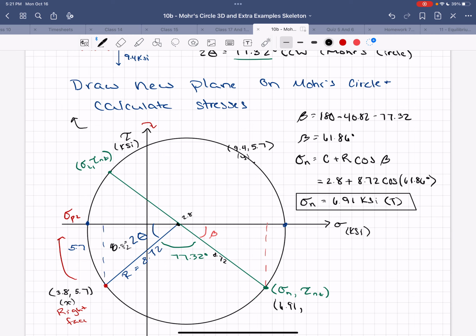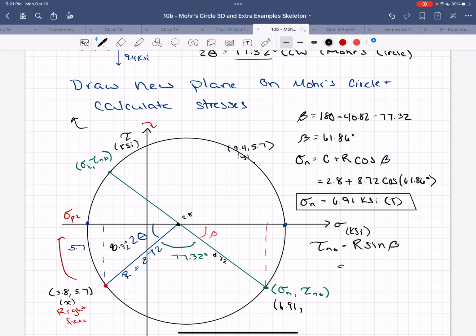Now we need to find out what the new shear stress is. So that's just going to be tau nt equals, we don't need to worry about the center of the circle now because we only need this distance. We need the radius but not the center of the circle. So it's the radius times the sine of beta.